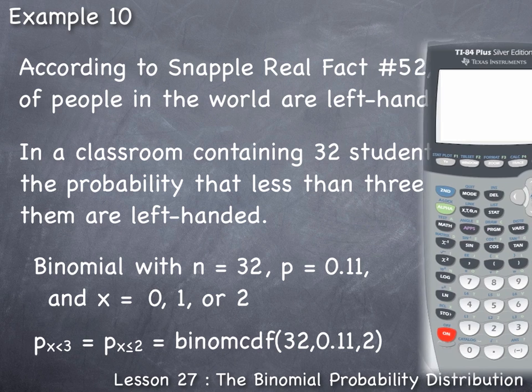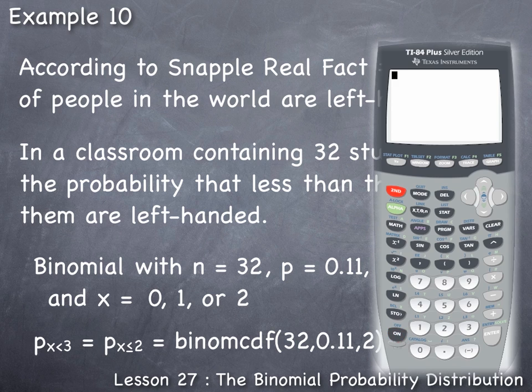Thus, on the TI-84 calculator, we could press second, DISTR, to get to our probability distribution formulas, arrow down till we find binomCDF, press enter, and then enter in the values of n, 32, comma, p, 0.11, comma, and the x of 2.